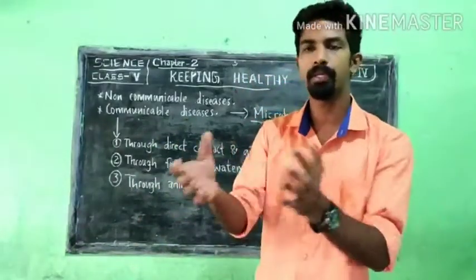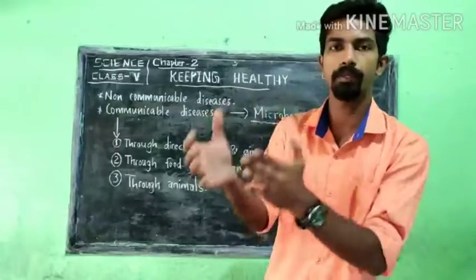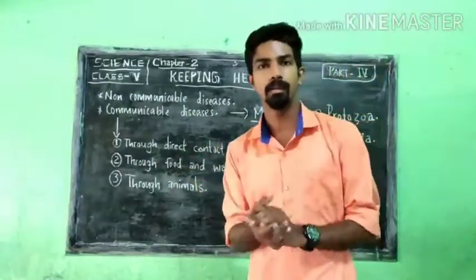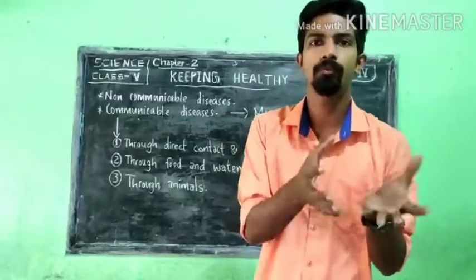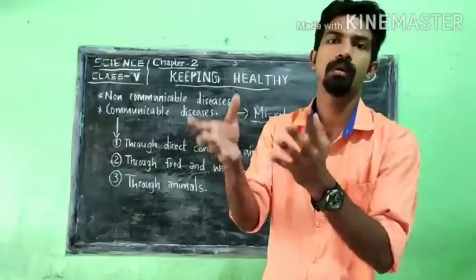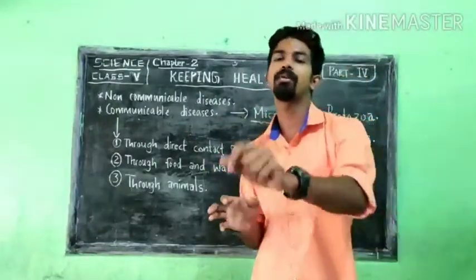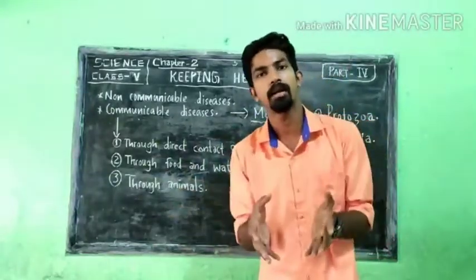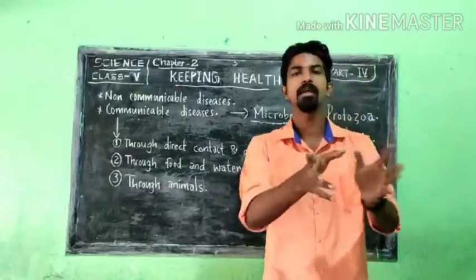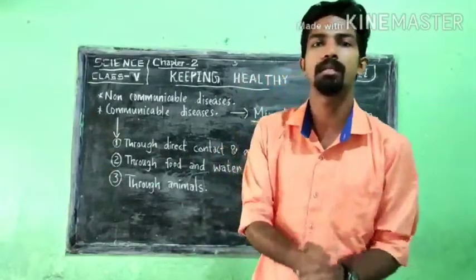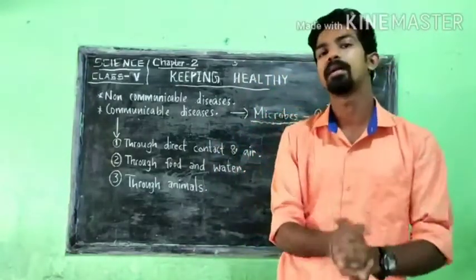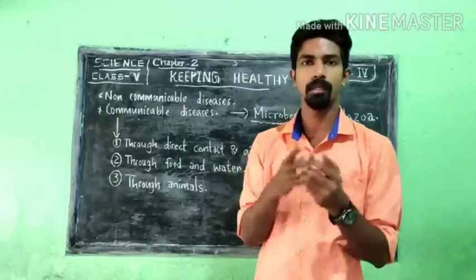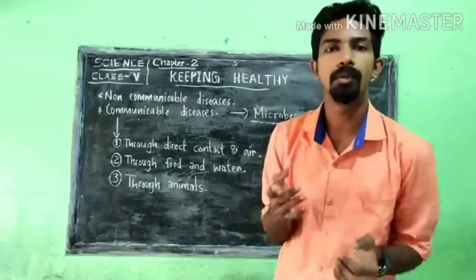Near the affected person's bed or table, there will be fruits, water, etc. kept. So if you take something touched by the affected person, what happens? If you eat the banana touched by that infected person, the disease causing germs will automatically come to your hand.